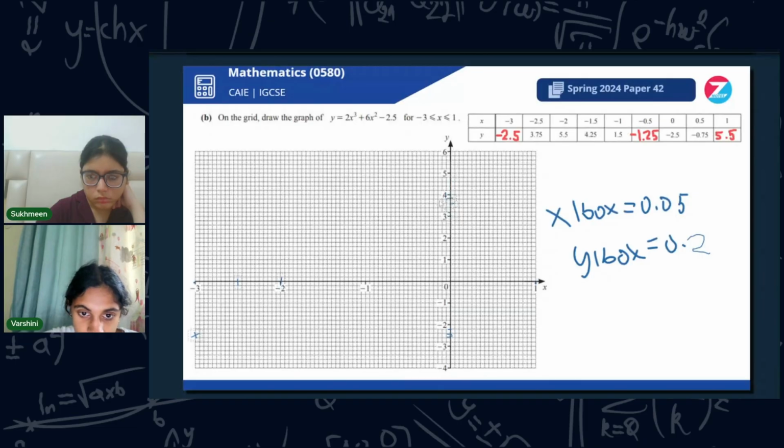So let's take that as 3.8, somewhere over here. Now that we have that, we can draw the cross. Make your crosses smaller, but since I'm on a laptop, it's a little difficult. Your crosses should be really small though.